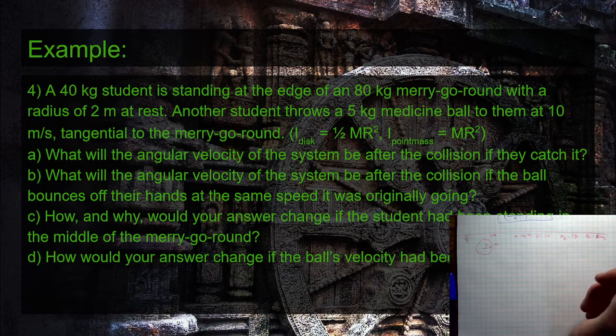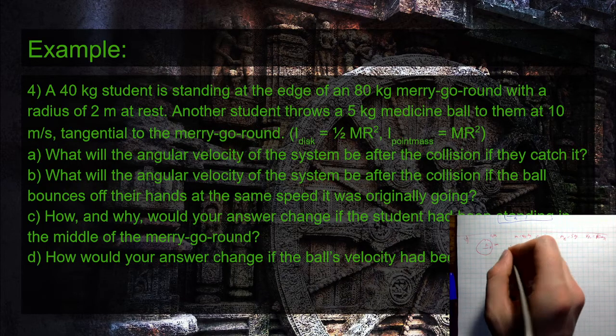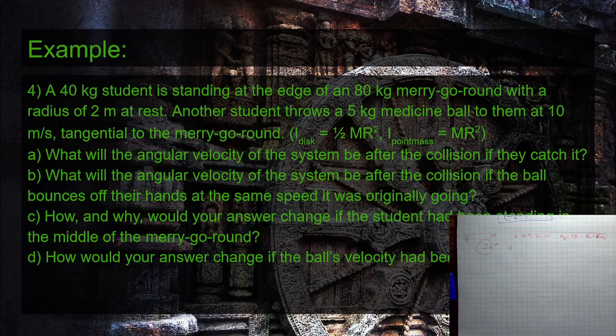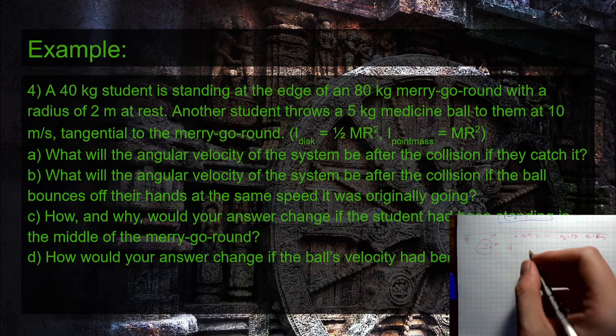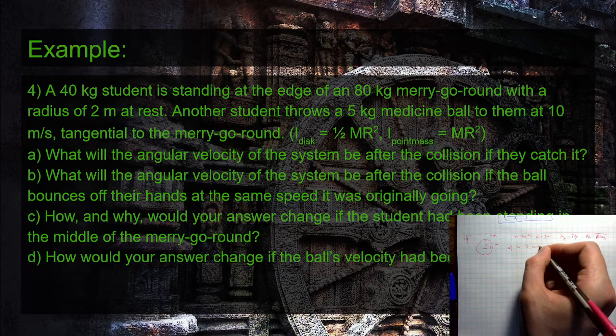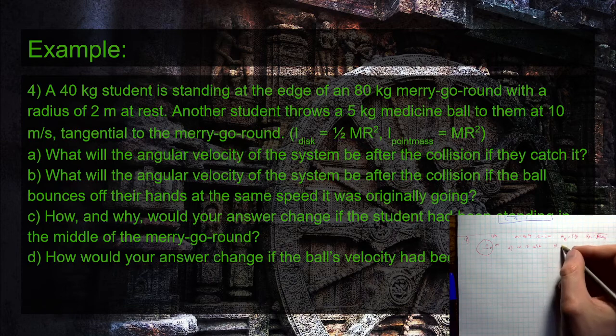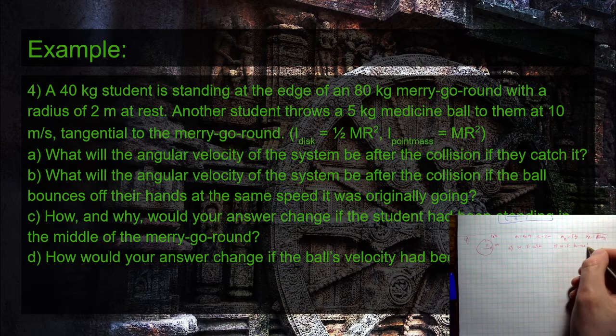So for A, we are trying to find the omega if catch. For B, we are trying to find omega if bounce.